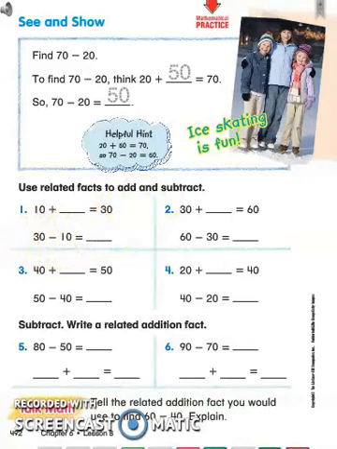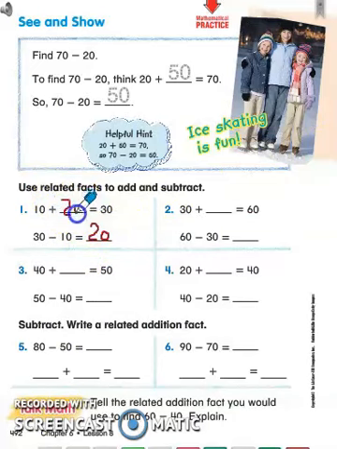So my answer will be what, grade 1? Will be 20, right? So I will write 20. Write with me, okay? Then take your answer and write it up, okay?